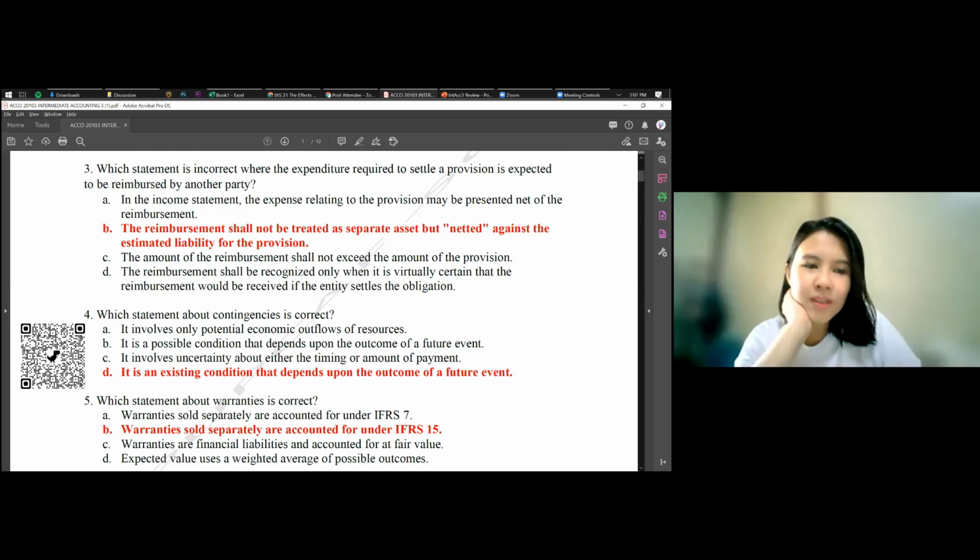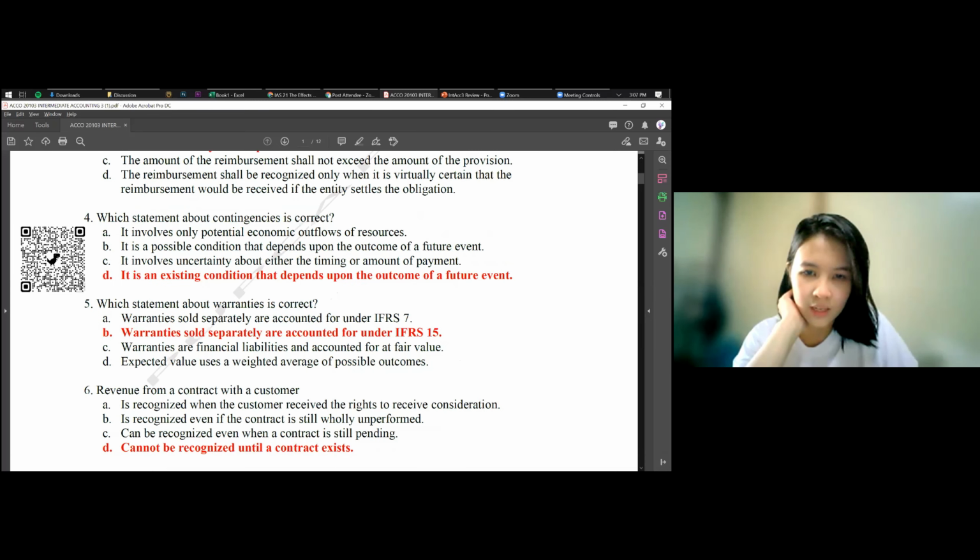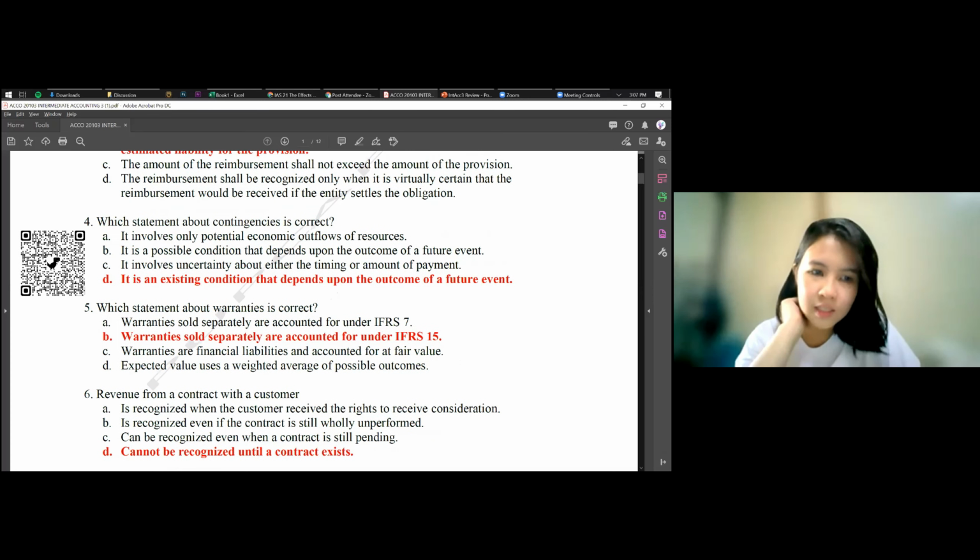Okay, for number 6, revenue from a contract with a customer. A is recognized when the customer received the rights to receive consideration. Okay. B is recognized even if the contract is still fully unperformed rather. And C can be recognized even when a contract is still pending. And D cannot be recognized until a contract exists.